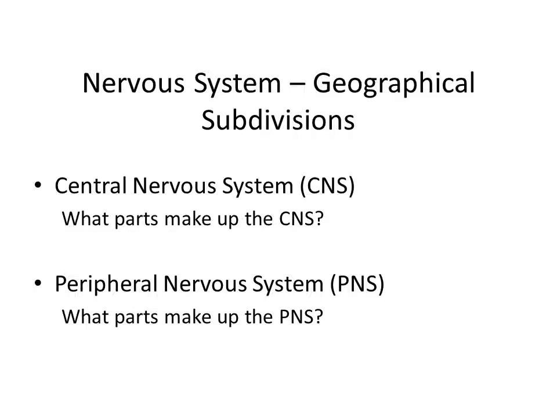The nervous system can be broken up in different ways. One way is by geography. There are two geographical subdivisions of the nervous system. There's the central nervous system and the peripheral nervous system. Thinking about what you've read and what you learned in anatomy, what parts can you think of that make up the central nervous system? And what parts make up the peripheral nervous system?